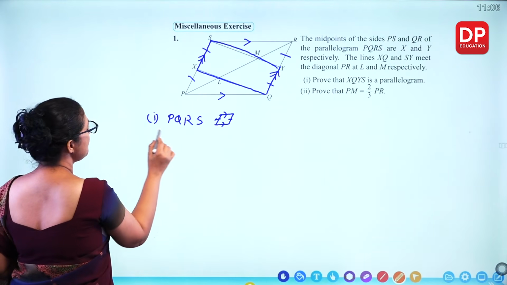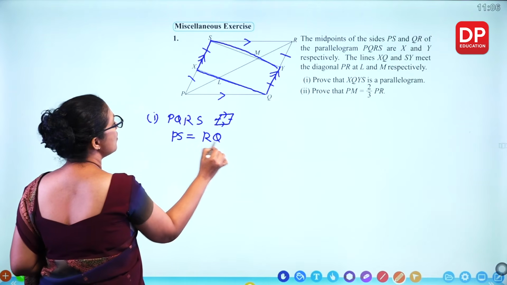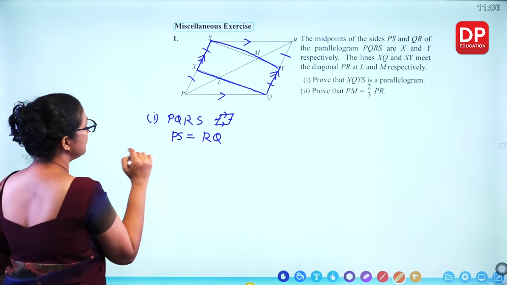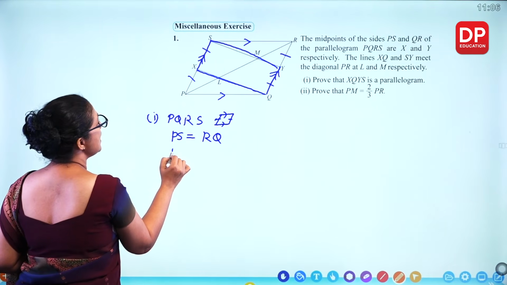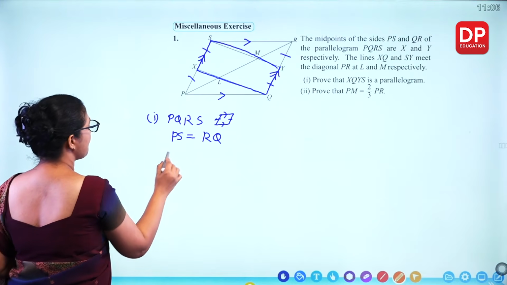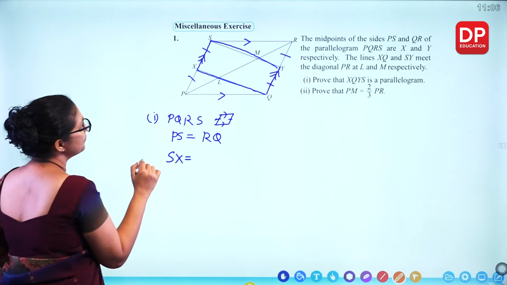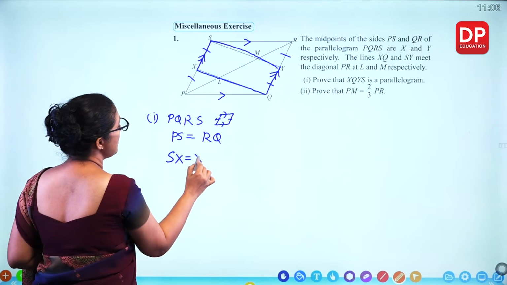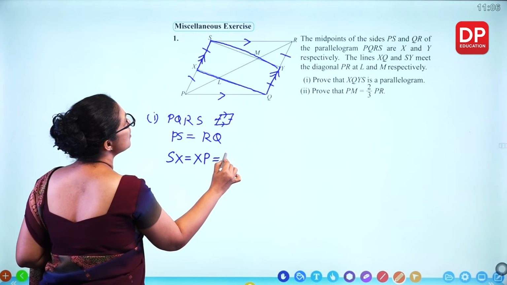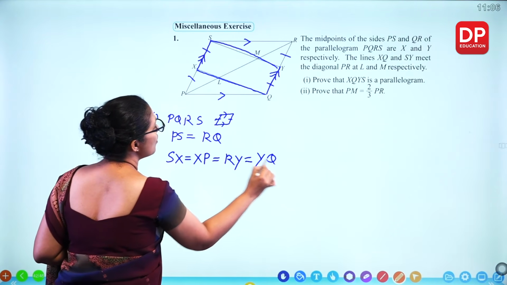So PS is equal to RQ, and also we can write SX is equal to XP, that's equal to RY, that's equal to YQ.